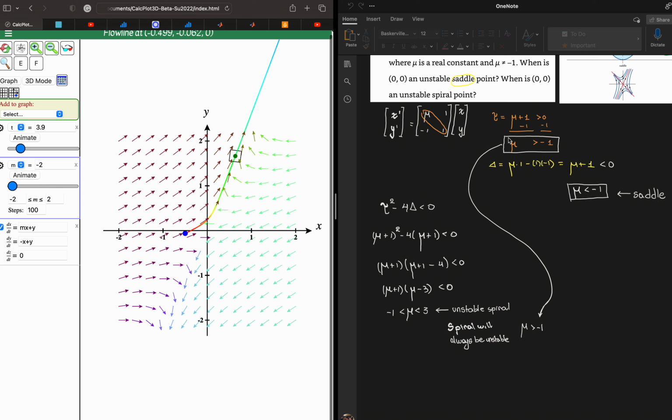See, here we said, hey, if we consider that a saddle is unstable because you can't really get to 0 very easily, see? It always goes away.